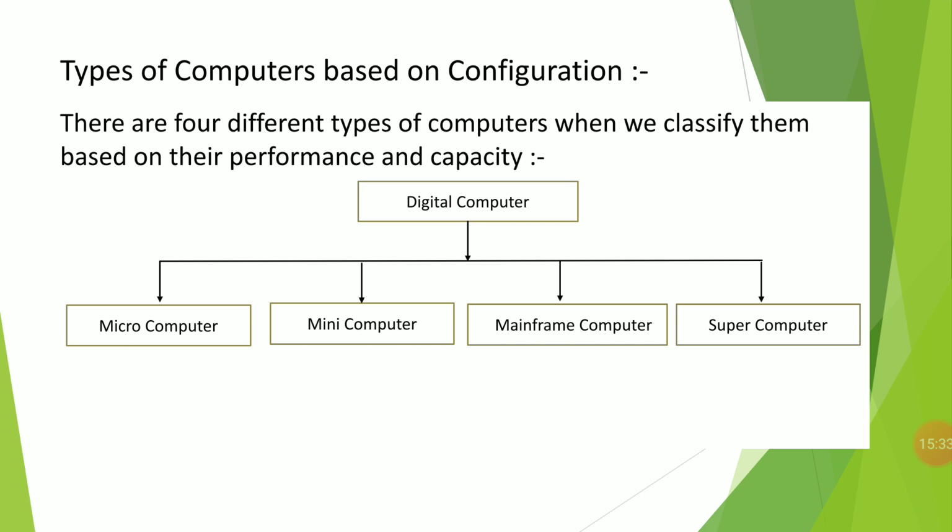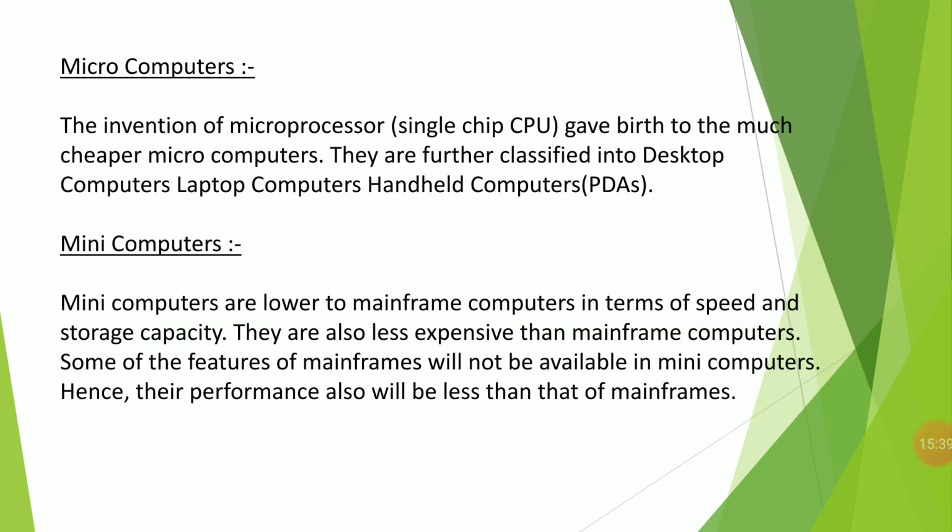Now the first one which we are going to discuss is microcomputer. Microcomputers are also known as personal computers or simply PCs. These types of computers use a microprocessor. They cost less and are very small in size.